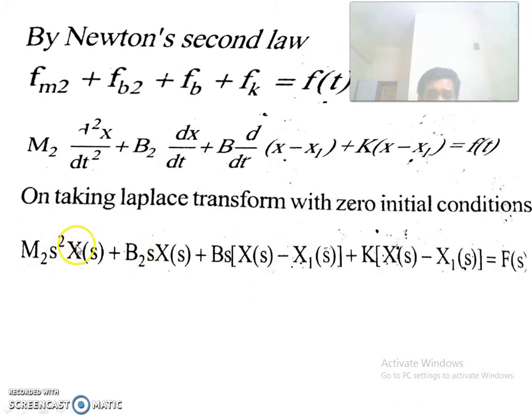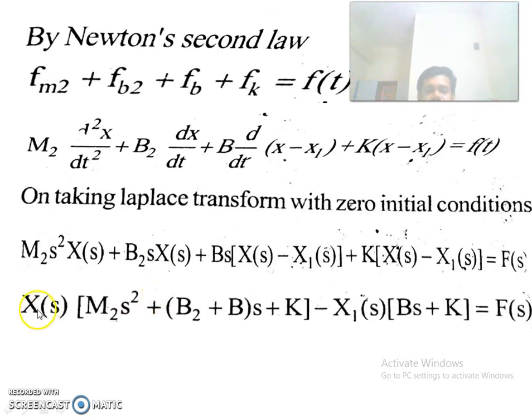From these terms we are taking X of s common: from M2 s square X of s, b2 s X of s, plus b s X of s, plus k X of s. From these terms we take X of s common, and from the other terms we take X1 of s common.